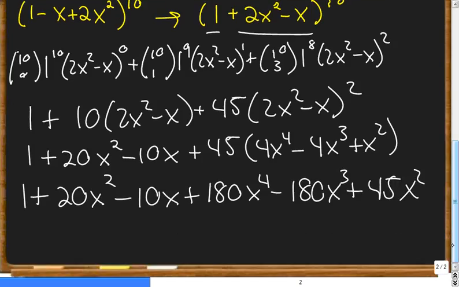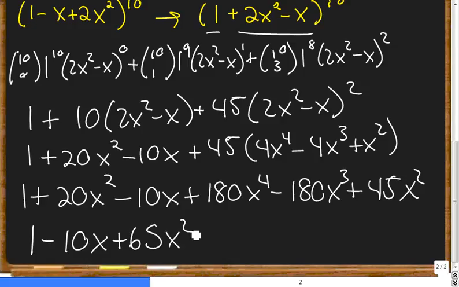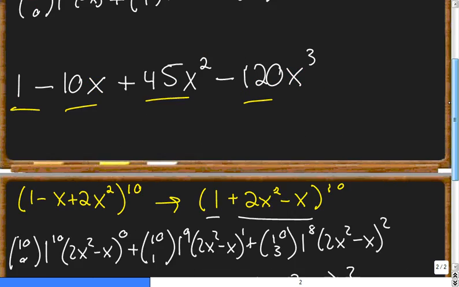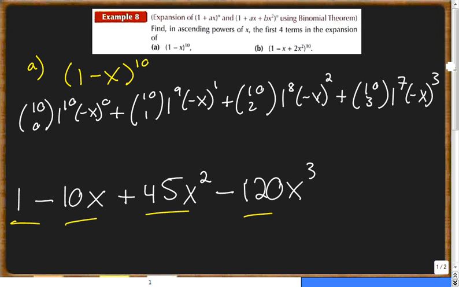And we should be able to combine some like terms here. I'm going to get 1. We get a minus 10x. We have plus 65x squared. We have minus 180x cubed plus 180x to the 4th. So this covers all of our answers here. This one is a little more complicated than the top one, but trinomials are going to be much more difficult when we expand them out.